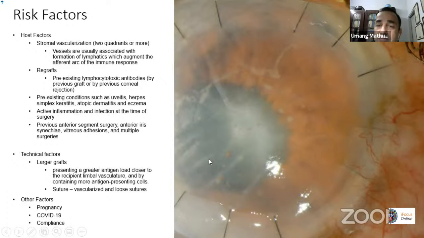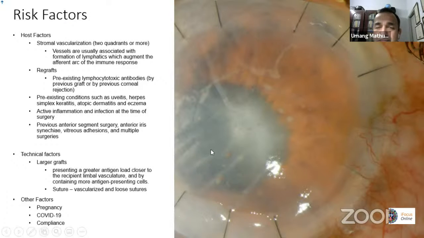And of course, suturing. Loose sutures and vascularized sutures make it prone to rejection. So if you have a vascularized host, you should always put interrupted sutures, because where it is vascularized will heal early and the suture will become loose. So that's to do with the follow-up.